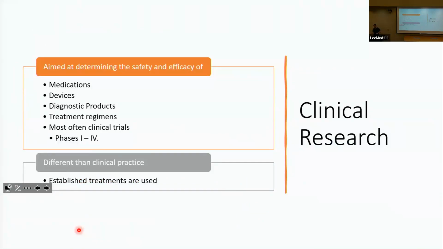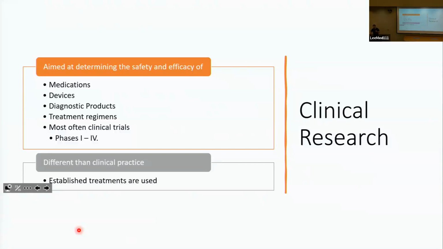So clinical research is aimed at determining the safety and efficacy of things like medications, medical devices, diagnostic products, treatment regimens. Most often we see this in the form of clinical trials, which also have phases 1 through 4 that scale up as you go. So you start off with, again, proof of concept in animal models all the way up to looking at this in large populations of humans.